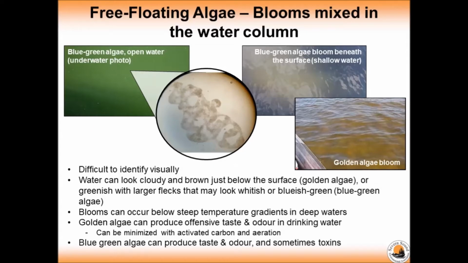That can be minimized with activated carbon and also aeration systems. Blue-green algae can also produce these taste and odor compounds, and as I mentioned, sometimes produce toxins. So if you are seeing sort of a really green color with a lot of these little flecks, then it may be worth following up with the Spills Action Center.